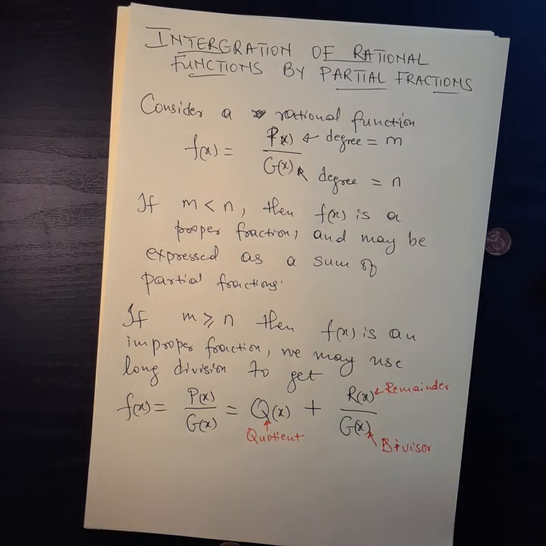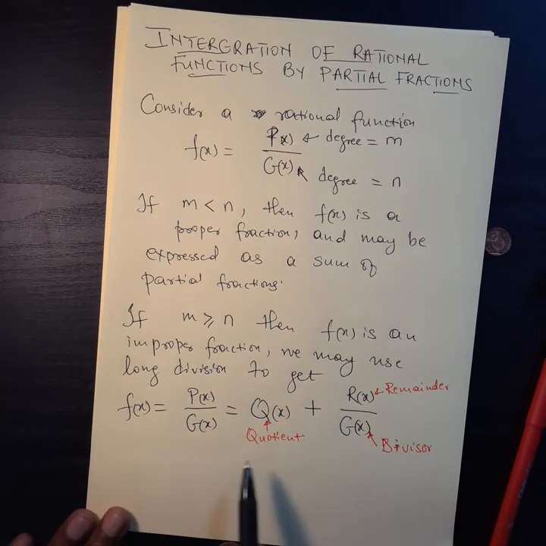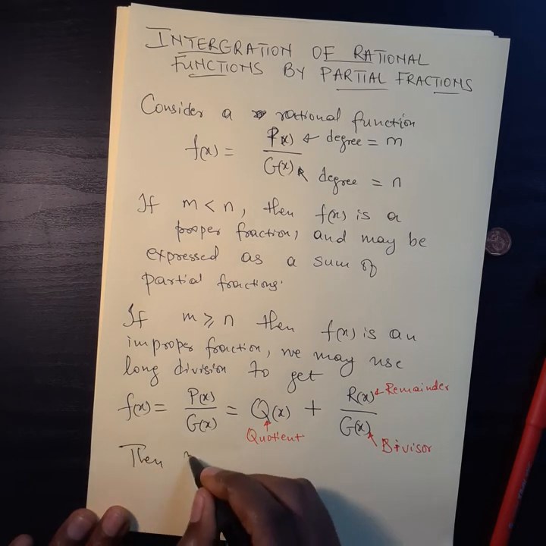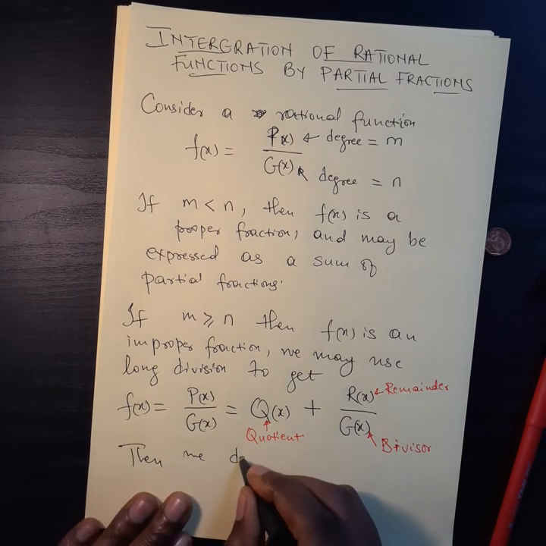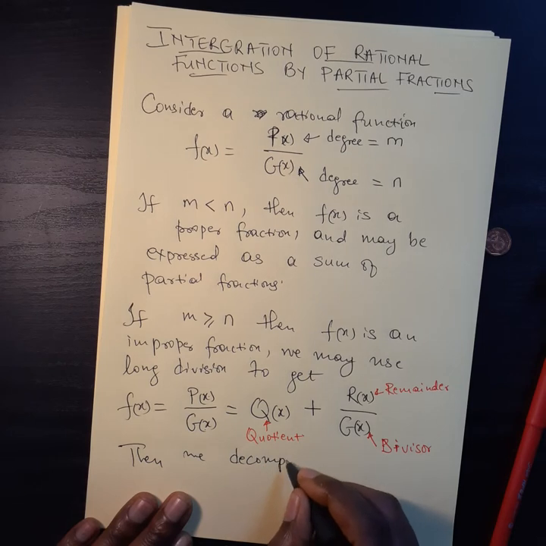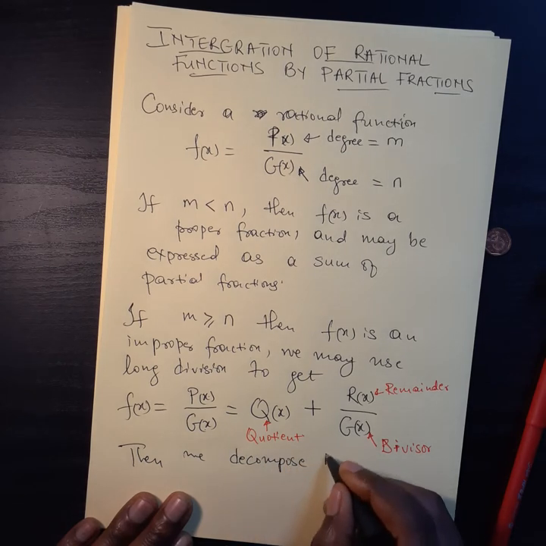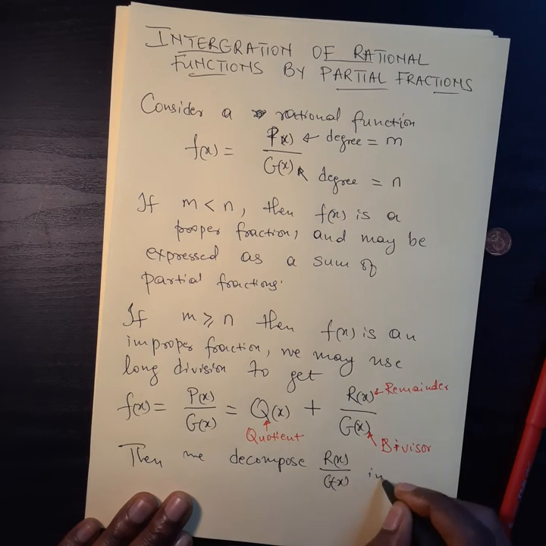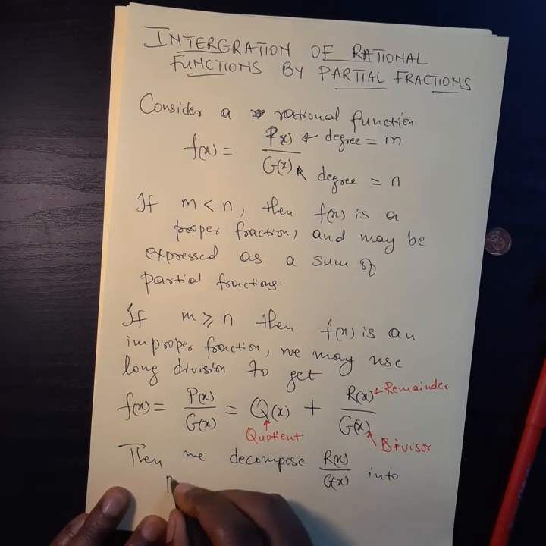So by the Euclidean algorithm for polynomials, we understand that we can write this rational function in this manner. And if we manage to do this, then we will be able to decompose r of x over g of x into partial fractions.